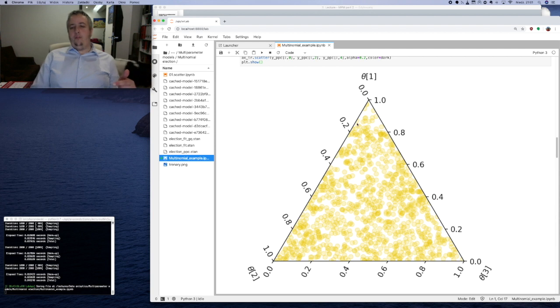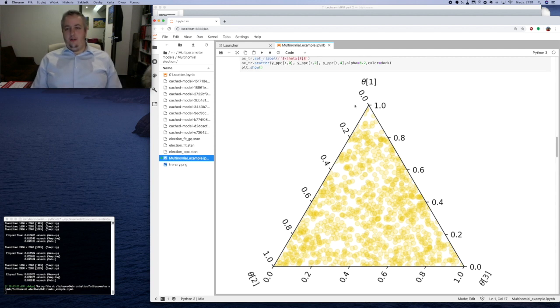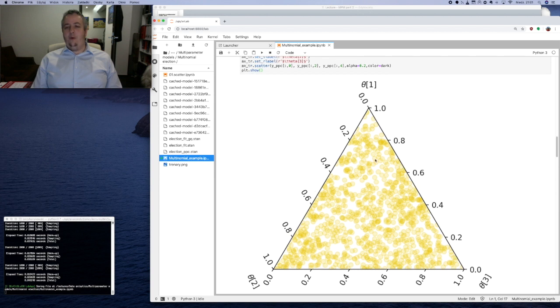A ternary plot puts our values on a grid of triangles, where the values of each axis are located as lines going from the vertex. At the vertex, theta 1 equals 1. At the bottom, theta 1 equals 0.